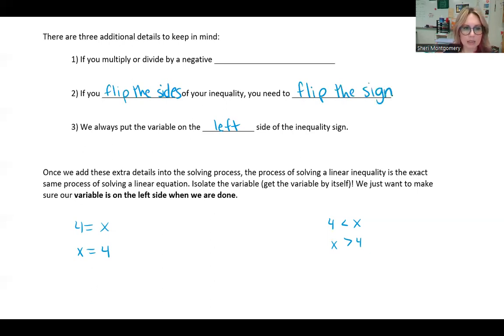So this is last. Sometimes when you solve, it's already on the left, and you don't have to do anything. This doesn't adjust how you solve it. It's just, in the end, double check: is it on the left? No? Okay, flip it.